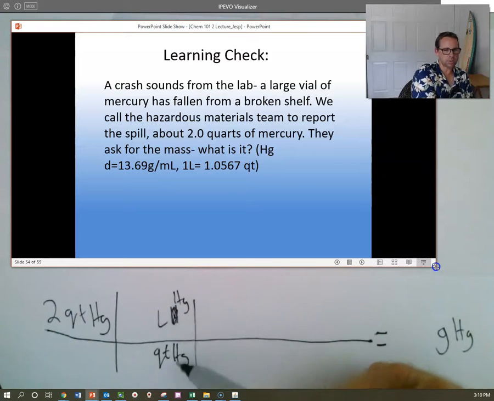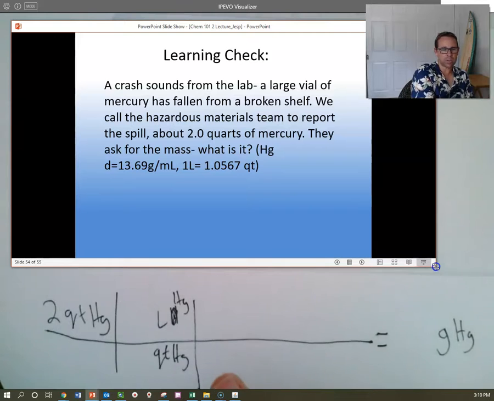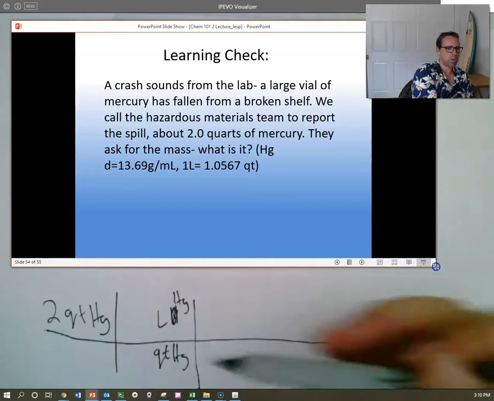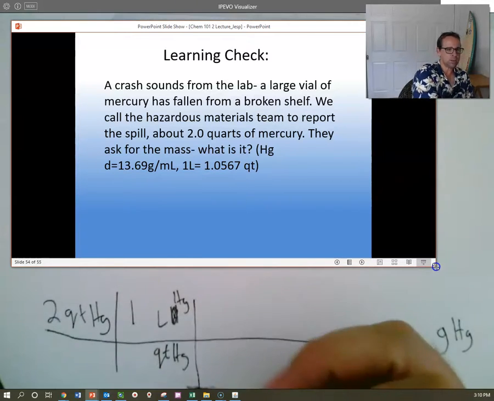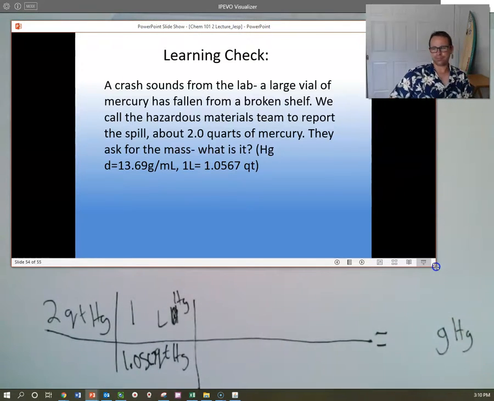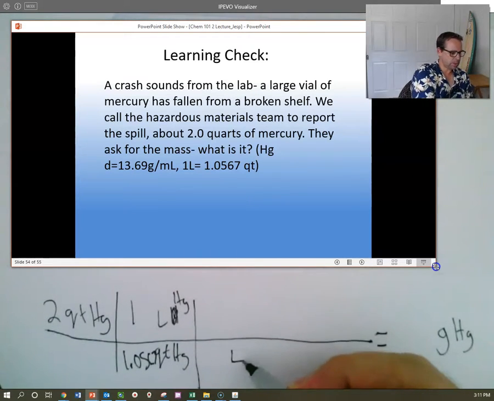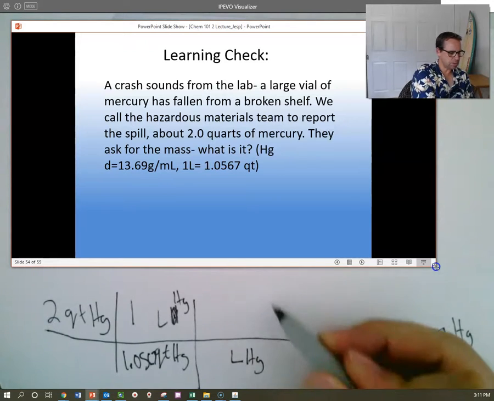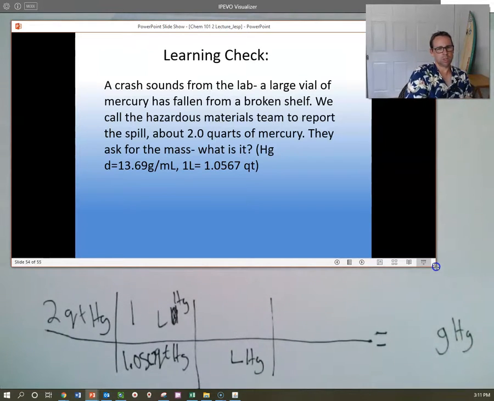The quarts to liters ratio, regardless of whether it's mercury, water, gold, whatever, is the same ratio. So 1 liter, 1.0567 quarts, right? Okay, very good. Now I have to get rid of the liters of mercury. What am I going to want to convert liters of mercury into?